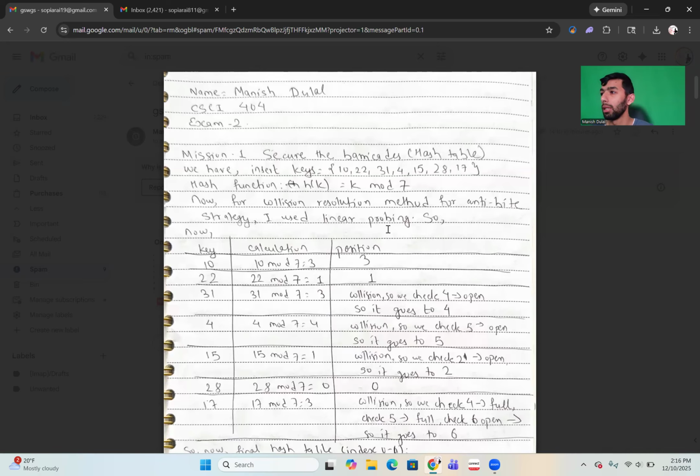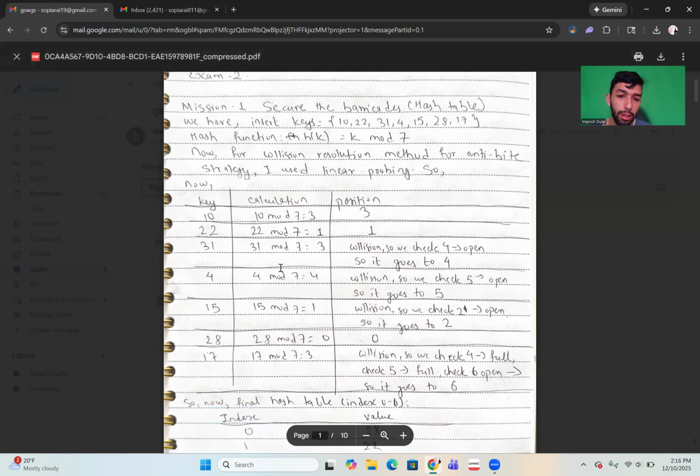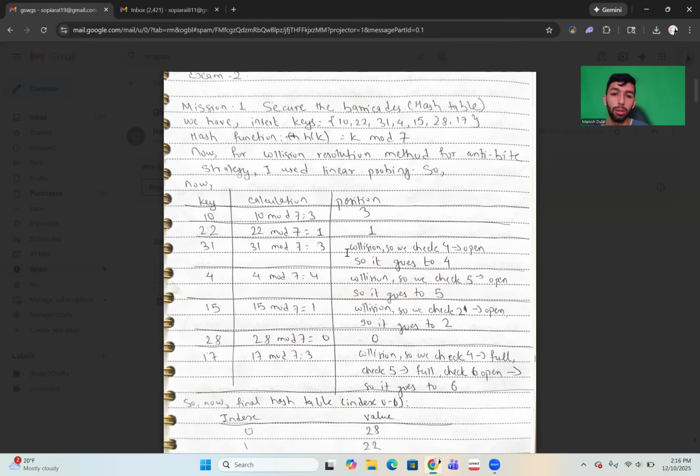For 10, 10 mod 7 is 3, so the position would be 3. For 22, 22 mod 7 is 1, so 1. 31 mod 7 is 3, so we check 4, and since it is open, it goes to 4, and so on and so forth.